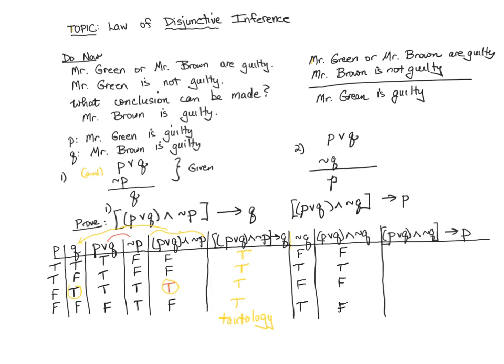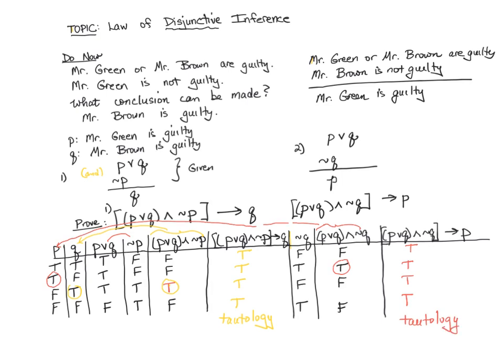And then finally, if this becomes our antecedent and P is our consequent, we know that the conditional is false when the antecedent is true and the consequent is false, but here the consequent is true. So therefore, this will always be true. Hence, that's a tautology, proving the second part of the law of disjunctive inference.